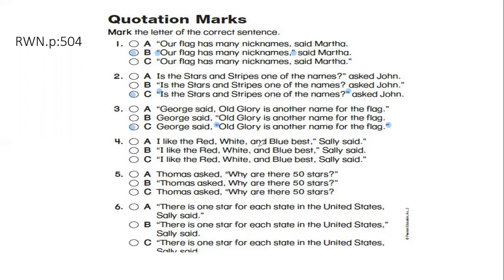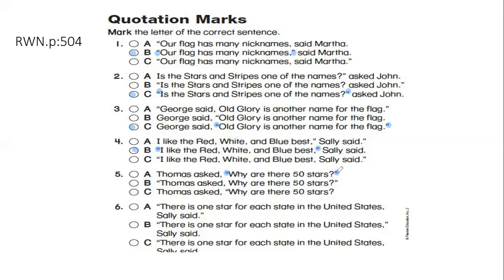I like red, white, and blue best, Sally said. Here we don't have it at the beginning, but we have it at the end. B, we have it at the beginning, we have it at the end. So B is the correct one. Thomas asked, why are there 50 stars? We have here and we have here.